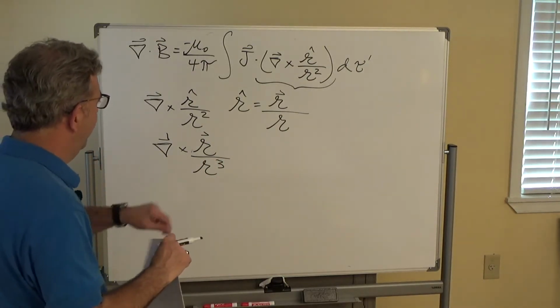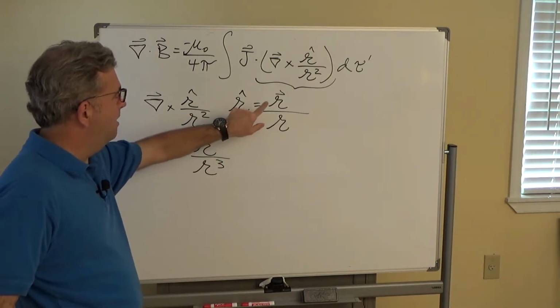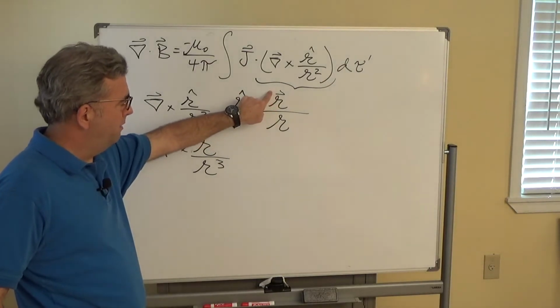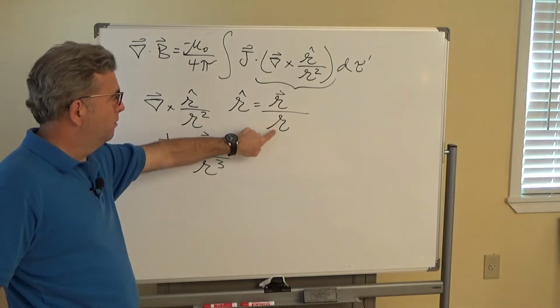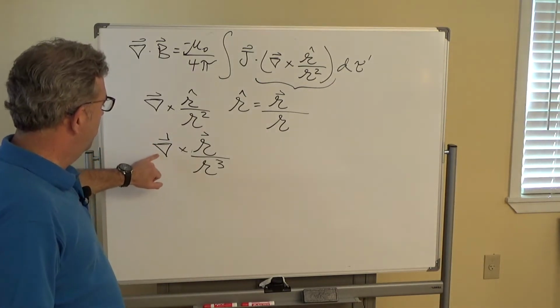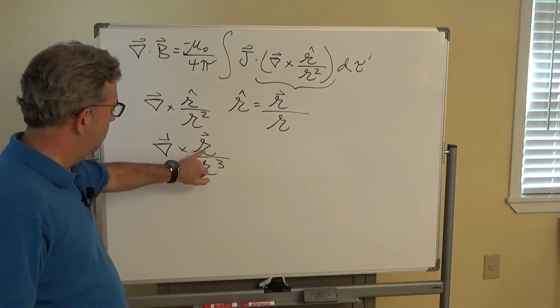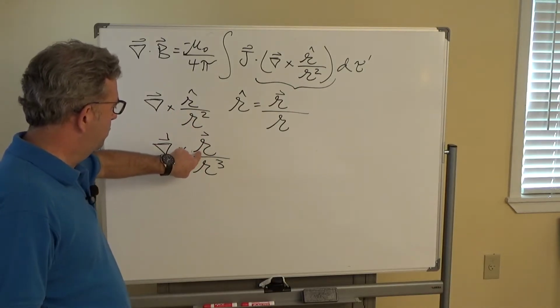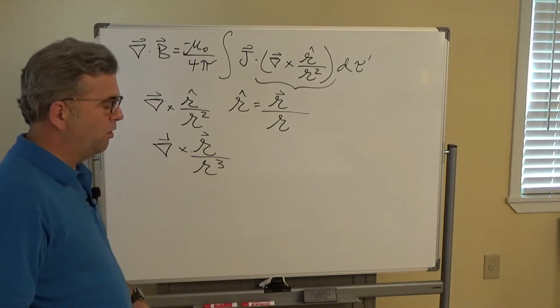We're going to look at the curl of script r over r cubed.